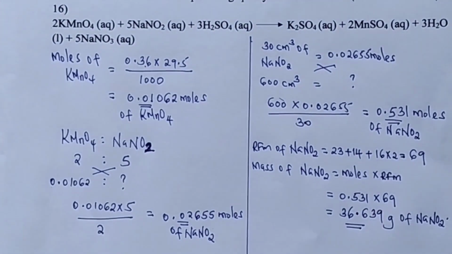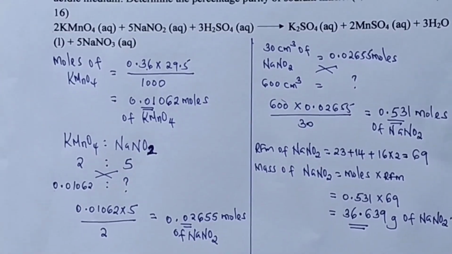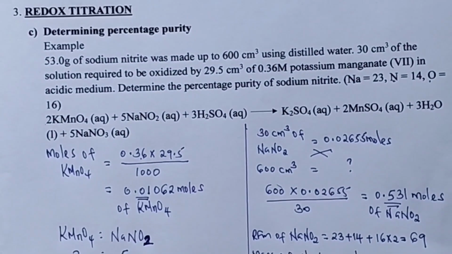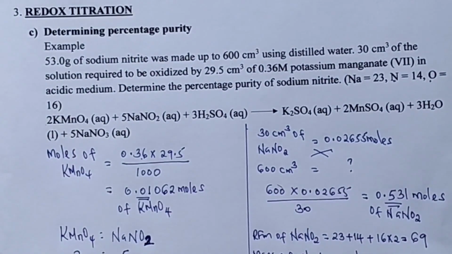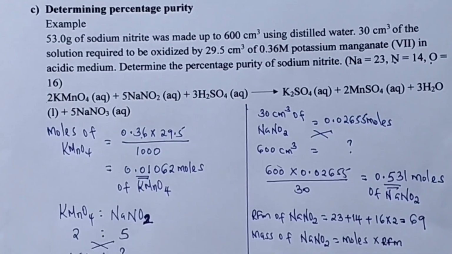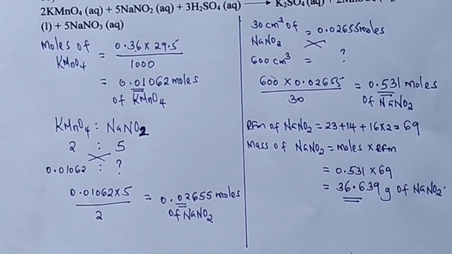So now that we have the mass of that sodium nitrite, what was the initial mass given? It was 53.0 grams. If you check, 53.0 grams of sodium nitrite was dissolved up to 600 cm³ of distilled water. So this mass that we have gotten, 36.639 grams of sodium nitrite, was the mass of sodium nitrite that reacted with the potassium manganate(VII) solution.